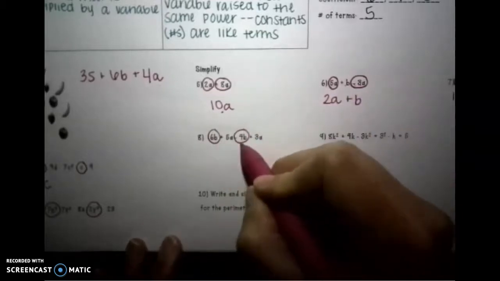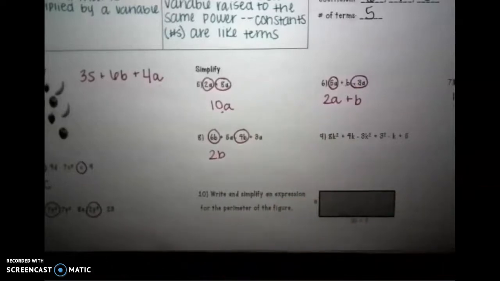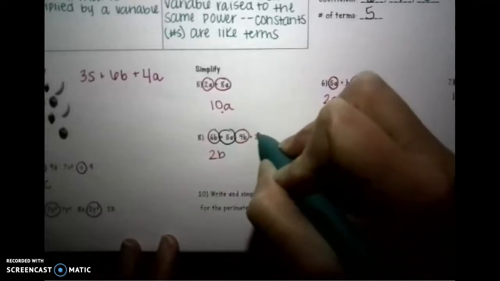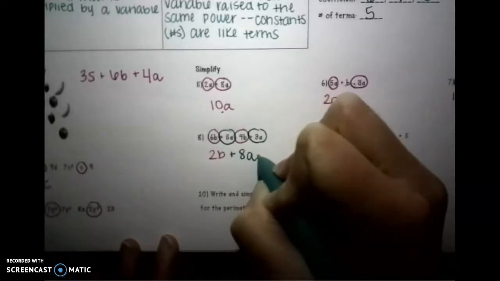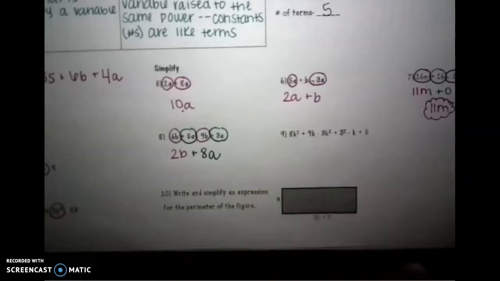So 6 bananas take away 4 bananas is going to give me 2 bananas. And then I have plus 5 apples. And then I have 3 apples. So that's going to give me a total of 8 apples. And I can't combine that any bit farther because we can't smush together bananas and apples.